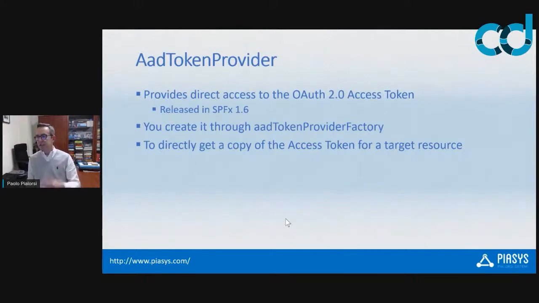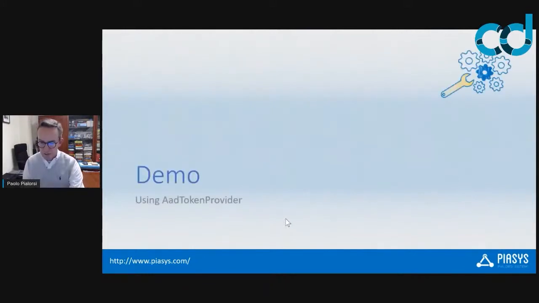If that is the case, there is a third object, which is the AAD token provider type, that you can use to just retrieve an access token, and then you can use the access token to do whatever you like to do. You create it using a token provider factory. So as before, you just get an instance of the object through a factory. And once you have the AAD token provider object, you can just use it to get an access token for a target resource. Let me show you what I mean.